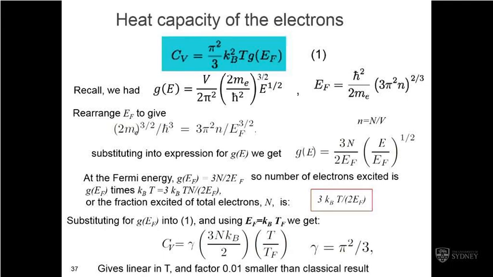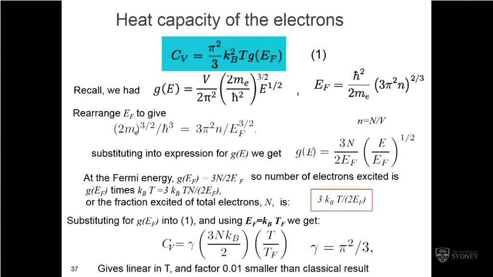And at the very start, remember I drew your attention to the expression for the density of states at any energy E. That's this expression here. Remember also from the second lecture we had derived the expression for the Fermi energy, 3 pi squared n over 2/3. So these are two important equations that we start with.